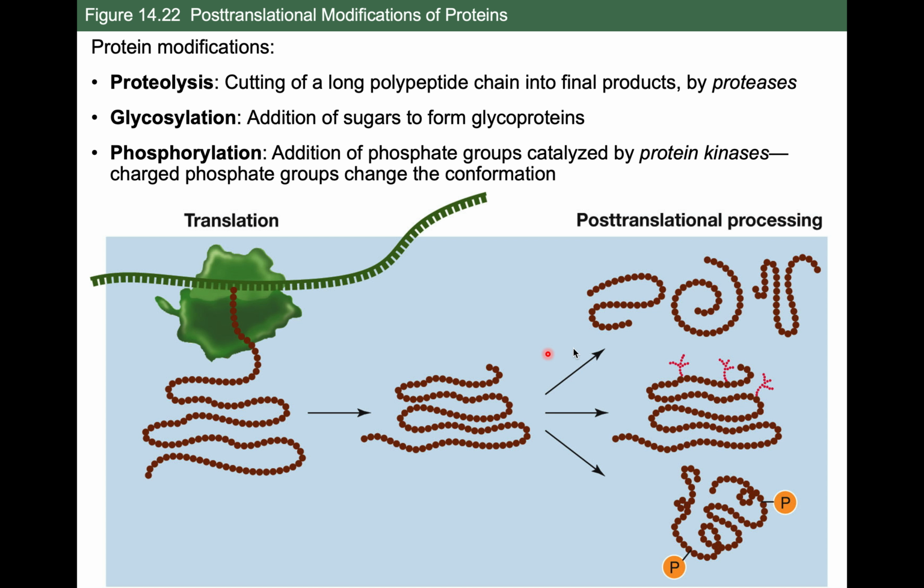We take this and just cut it into these three parts, and now one or all of these parts actually have some biological function. There's what's called glycosylation, where you take your polypeptide and add sugars to it. You can see them in red here. That's going to change the biochemistry of that protein a little bit and either add or remove some biological activity. And along similar lines, you could add or remove phosphate groups, so that might change its activity as well.